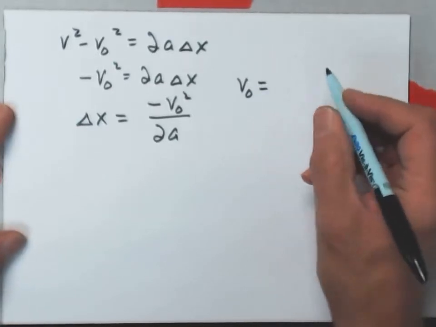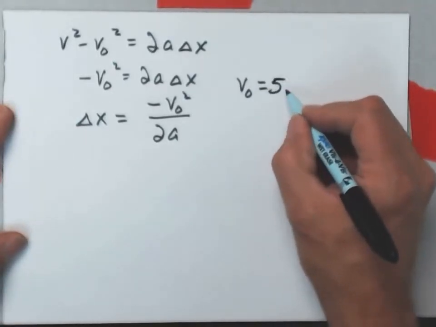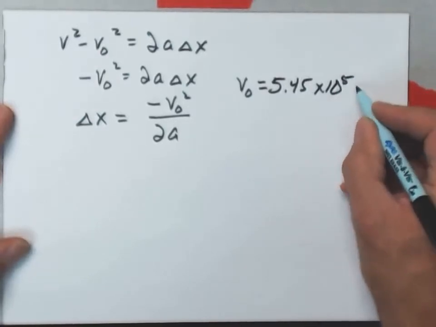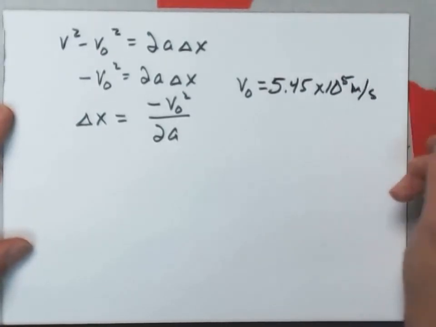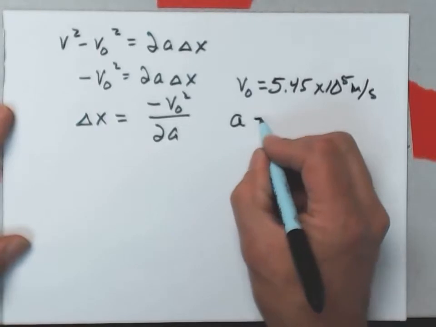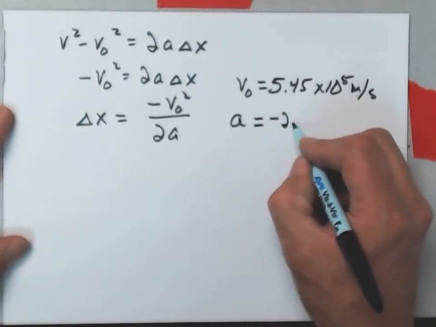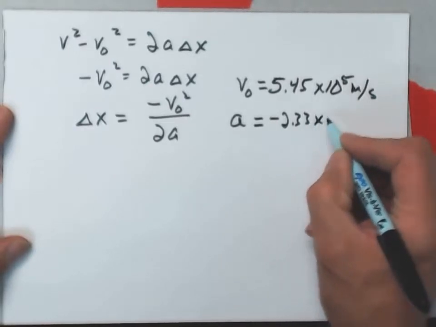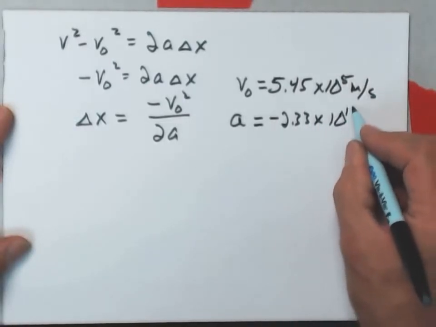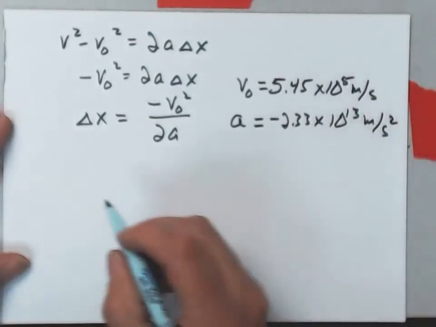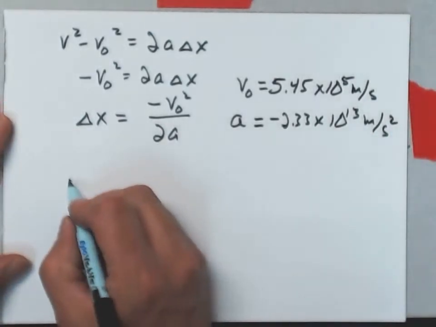And we have the same v naught and a from before. v naught is equal to 5.45 times 10 to the 5th meters per second. The acceleration is still negative, it's slowing down, minus 2.33 times 10 to the 13th meters per second squared. I can plug those numbers in here.